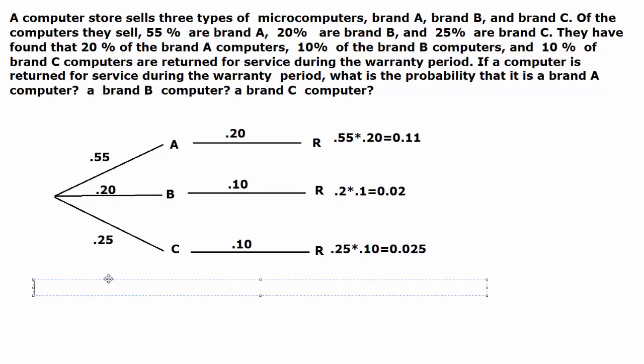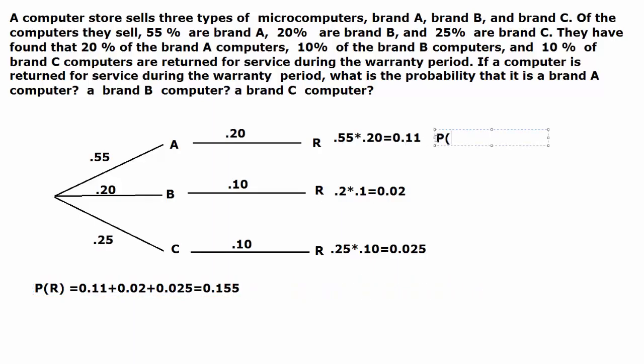Since these are only three types of computers that they make, the probability that the computer is returned during the warranty period is the sum of these three branch probabilities, which is 0.155.